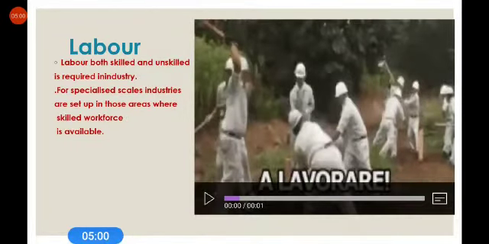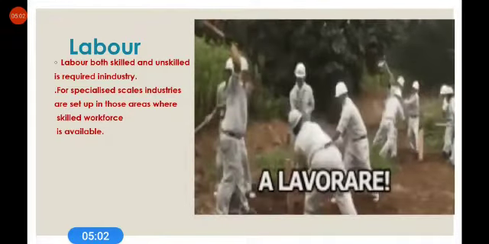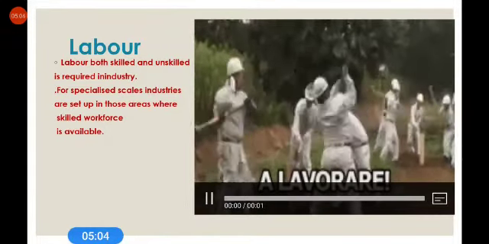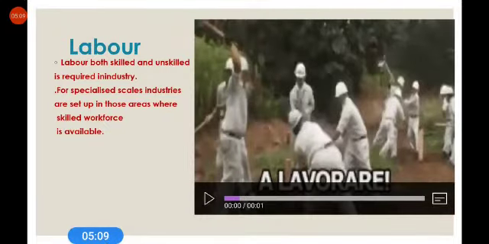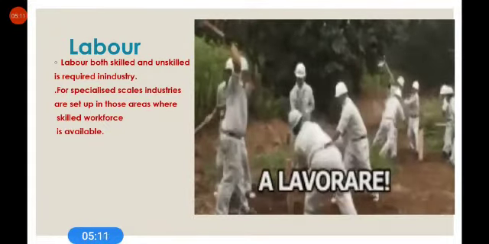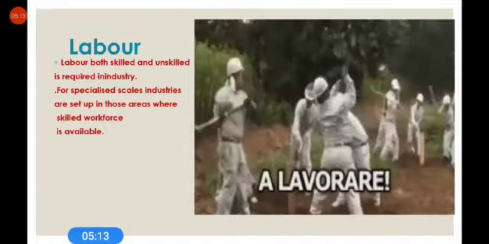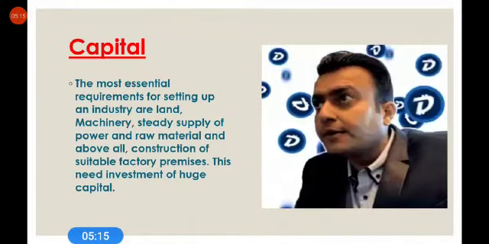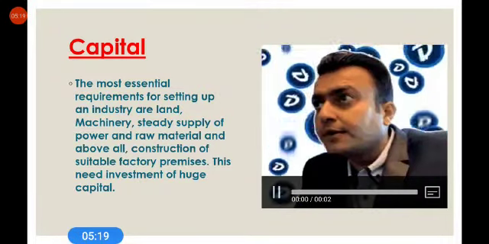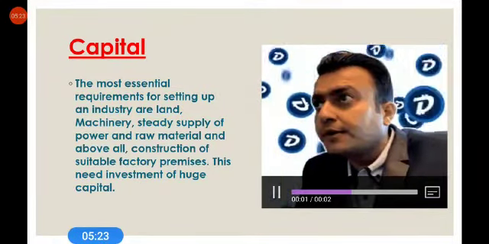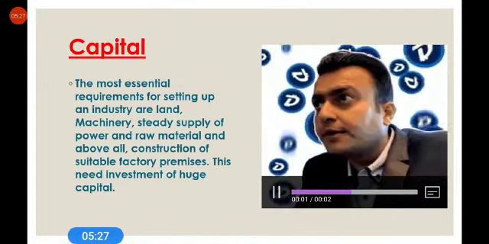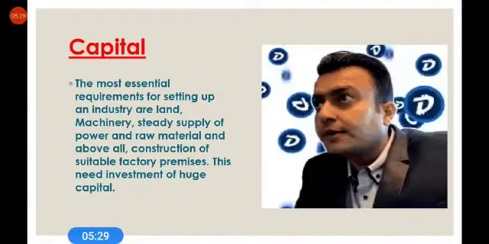The next factor is labor. Labor, both skilled and unskilled, is required in industry. For specialized industries, they are set up in those areas where skilled labor is available. The next factor is capital. The most essential requirements for setting up an industry are land, machinery, steady supply of power and raw material, and above all, construction of suitable factory premises.